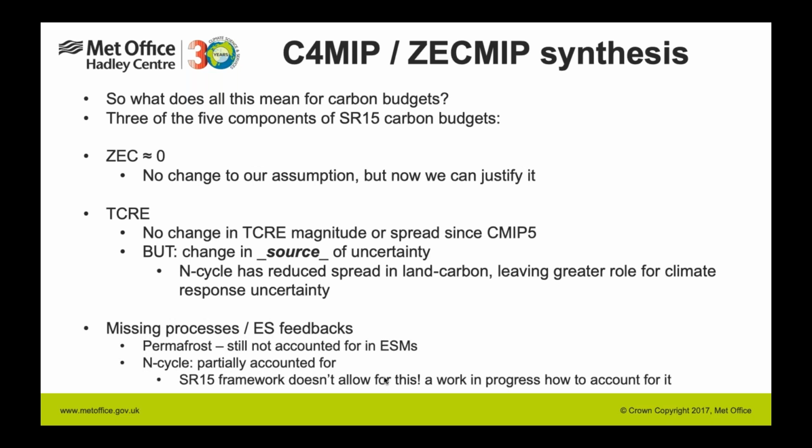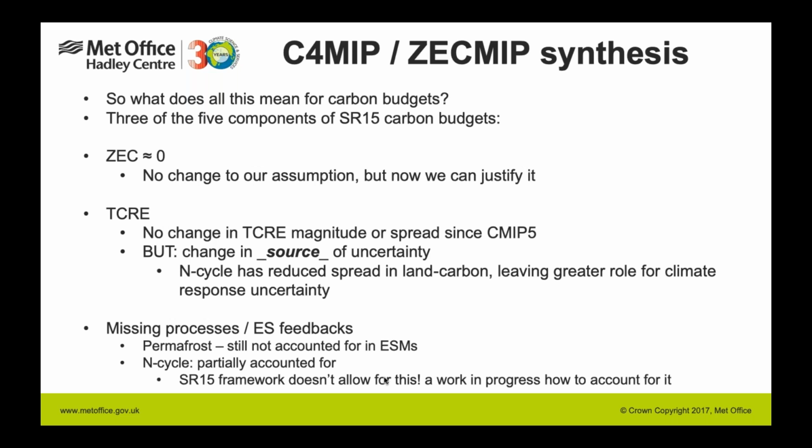Permafrost is still not accounted for in most ESMs. But now we've got a situation where the nitrogen cycle is partially accounted for. And that's not a situation that the carbon budget framework allows for. It allows you to diagnose TCRE from multi-models, and it allows you then to adjust for a missing process.